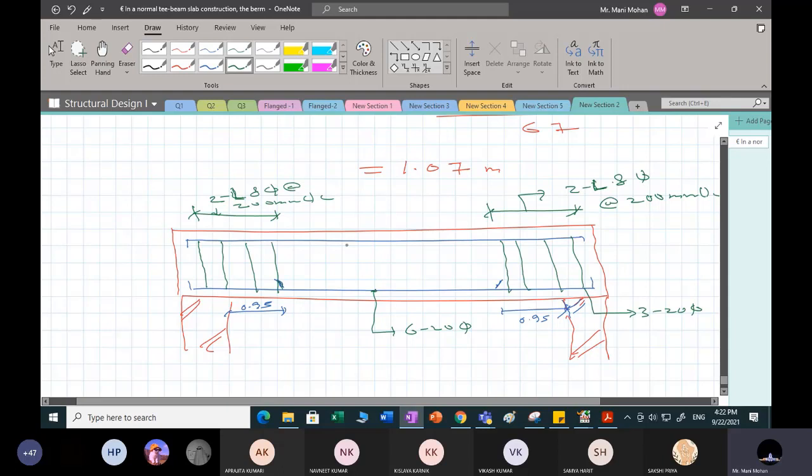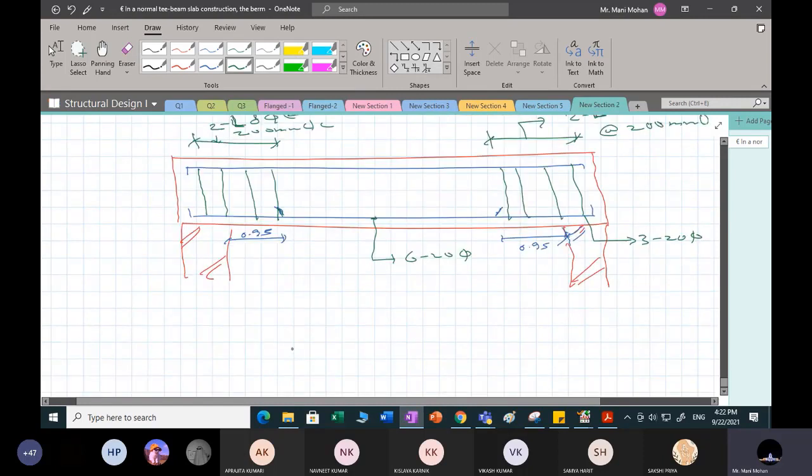Now, what will be my shear reinforcement at the zone where I'm having 2-20 dia bars? There I'm going to have minimum shear reinforcement. Now you can compute it.